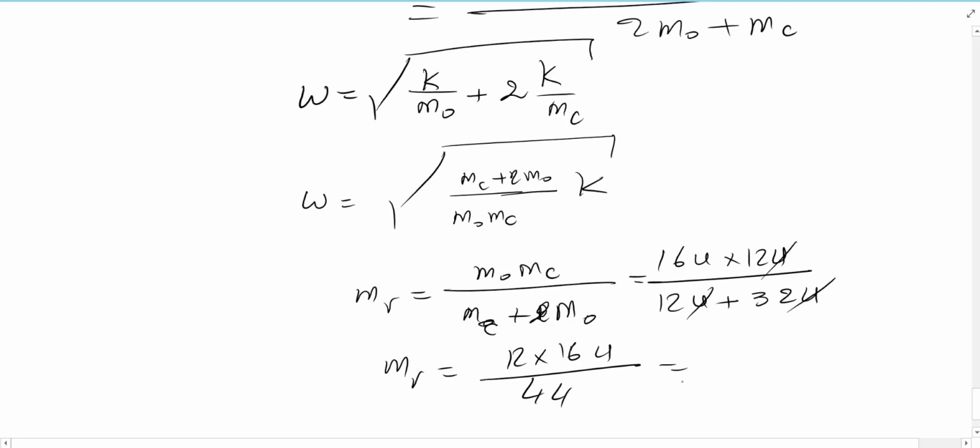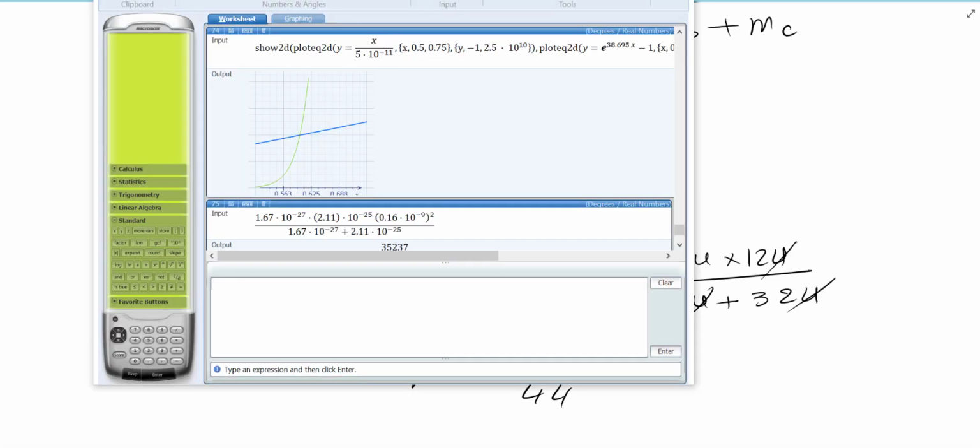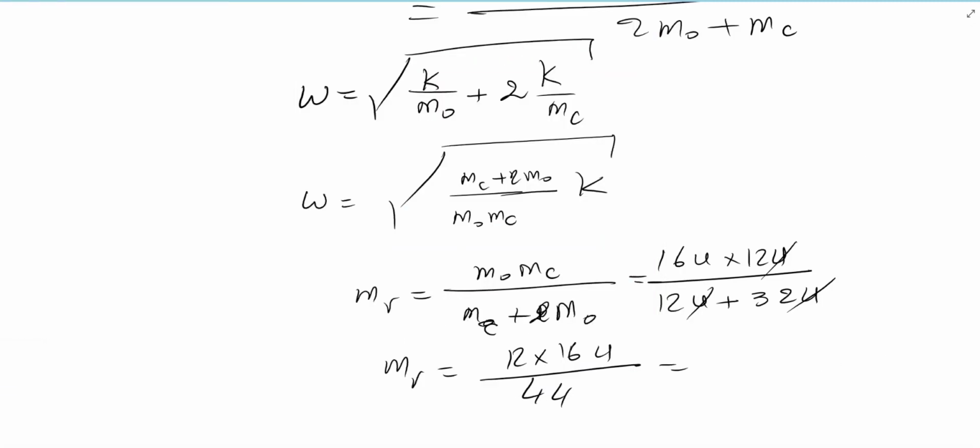So this is going to be some number in here, so I'm going to use the calculator. Let me move it to this side to look at the numbers that we have in here. So we have 12 times 16 times 1.6605 10 to the negative 27 divided by 44.